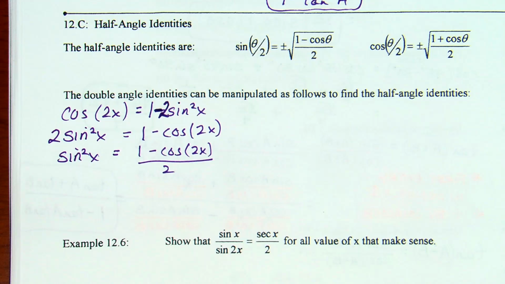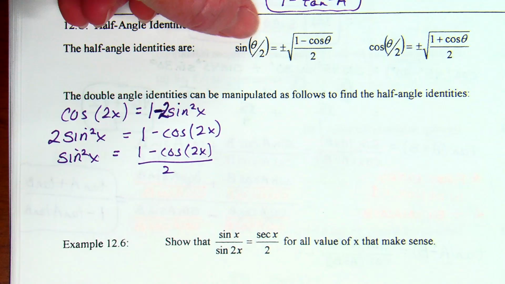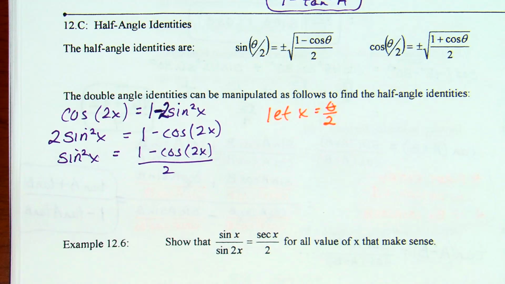So we're going to take this x right here and say, let x equal theta over 2, and substitute in. We can do that as long as every place we see an x, we substitute in. We can't just do it once.